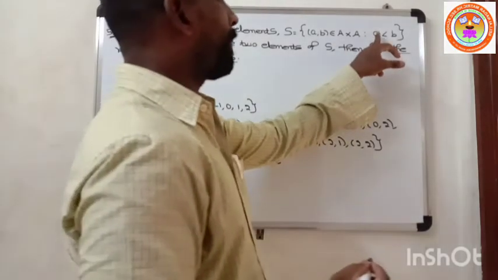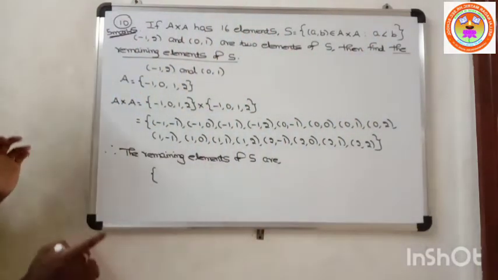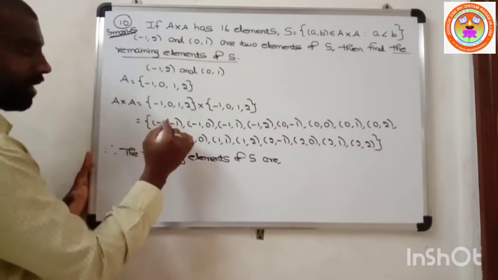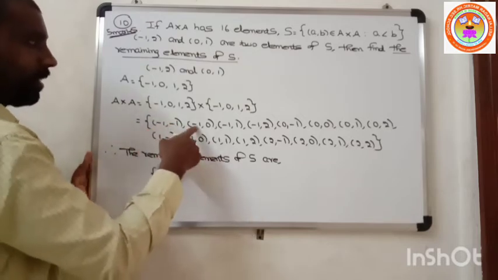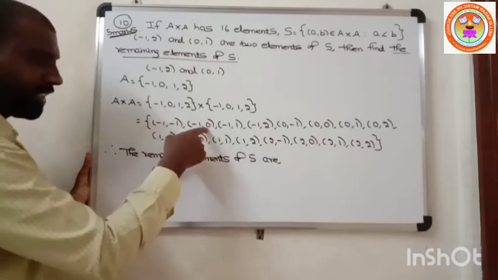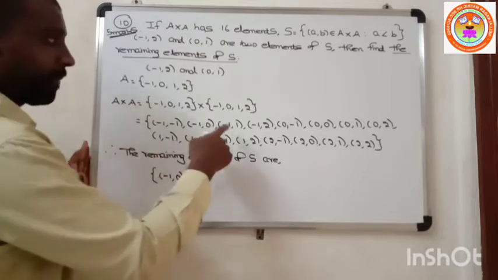Comparing a and b, b should be greater, the second number is greater. Here they are equal, so it is not possible. Comparing these two, the second number is greater, so it is possible: (-1, 0).